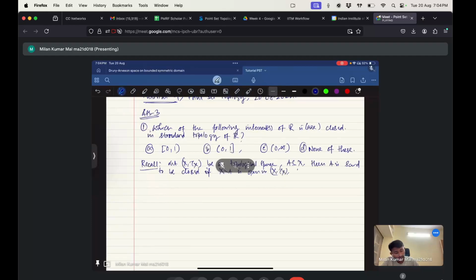That means X minus A is an element of tau X.